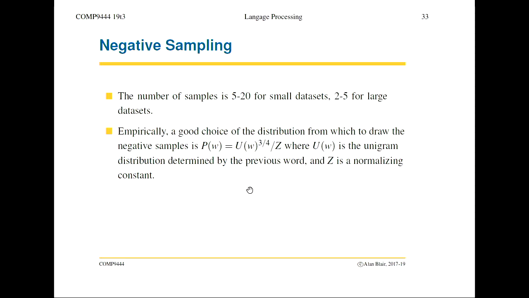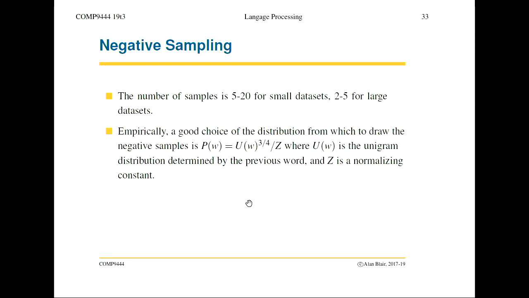And it turned out, after trying several things, instead of taking the square root, which would be the probability to the power 1/2, they actually take it to the power 3/4. So it's roughly approximating the distribution of the words, but changed a little bit so that the rare words are boosted up a bit and the common words are pushed down a bit.